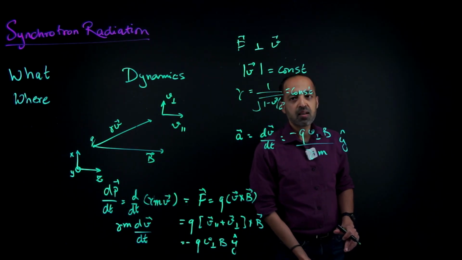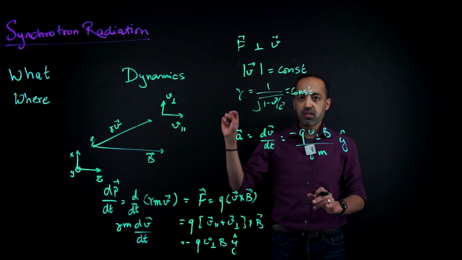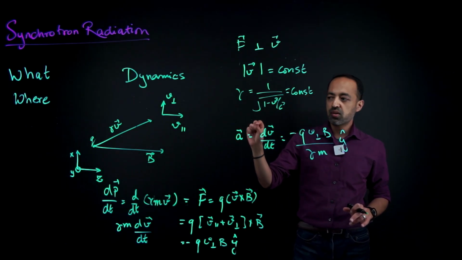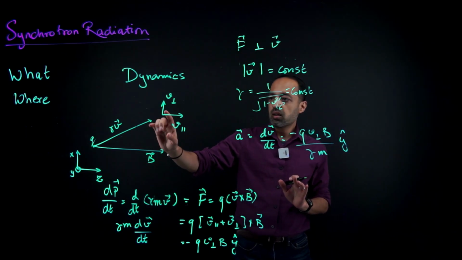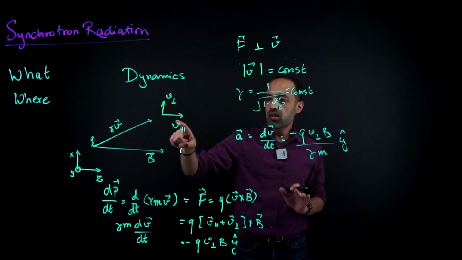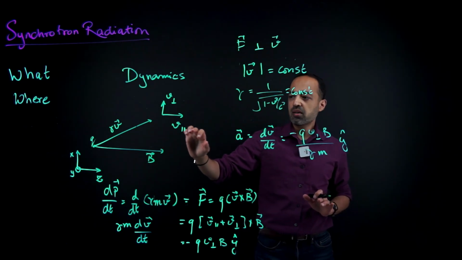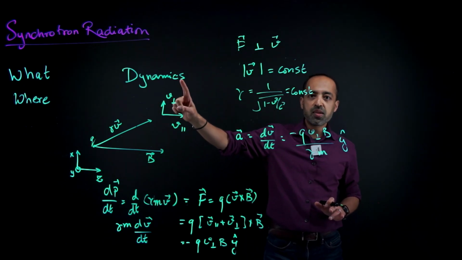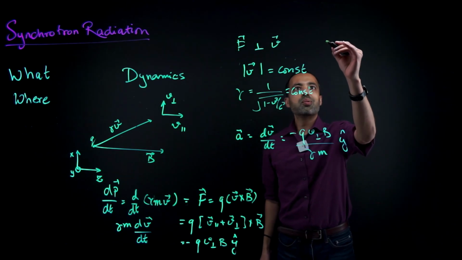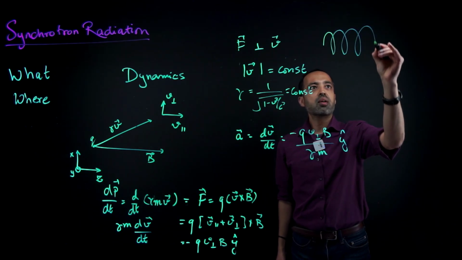So what this means for our case is that the particle has an acceleration that's always pointed into the board. That acceleration vector is perpendicular to v perpendicular, and it's perpendicular to v parallel. V parallel is not going to change as a function of time, but the direction of v perpendicular is going to change. And so what this will do is make the particle do spiral motion along the magnetic field.